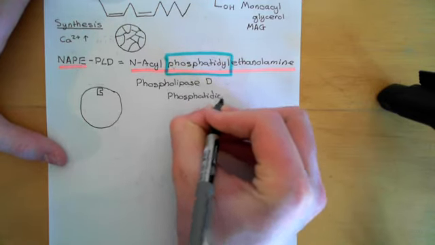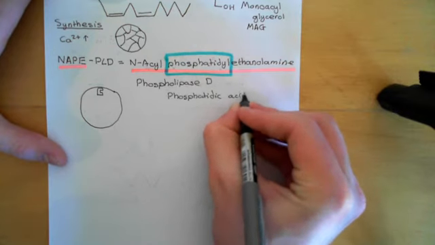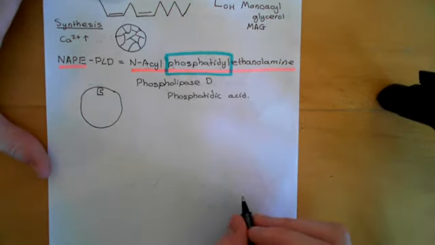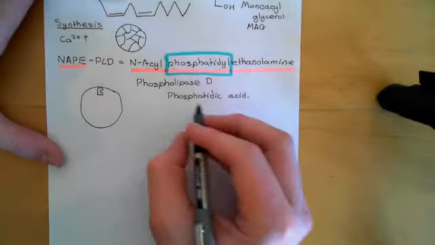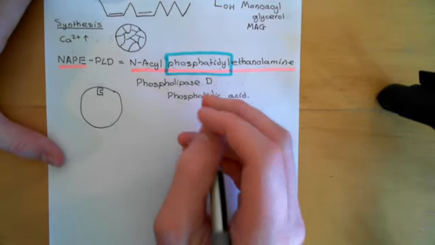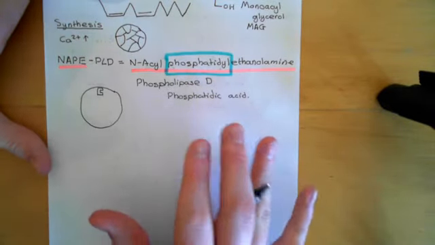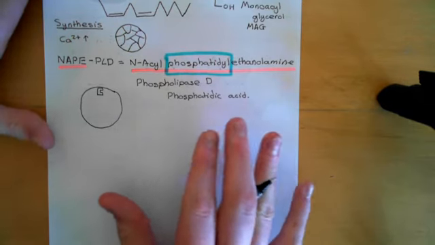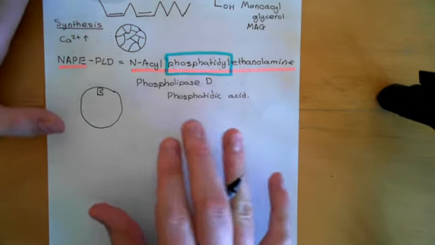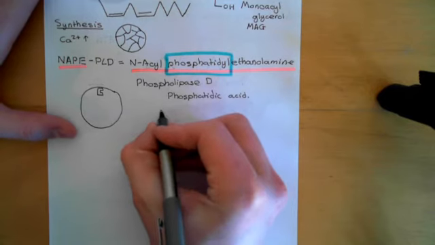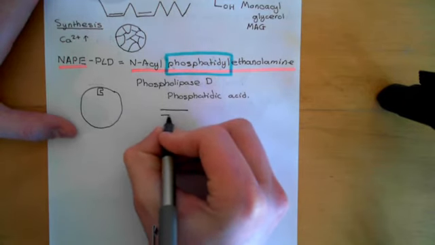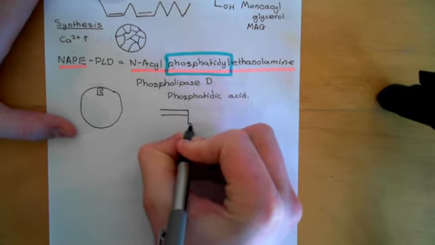So I'm going to start off my discussion of the structure of an N-acyl phosphatidyl ethanolamine by discussing the structure of phosphatidic acid. Now we're not going to draw this out with the actual skeletal or molecular formulae, we're just going to draw a cartoon for this. So phosphatidic acid, I'm going to draw like so in my cartoon.